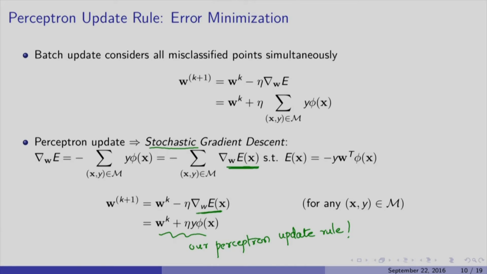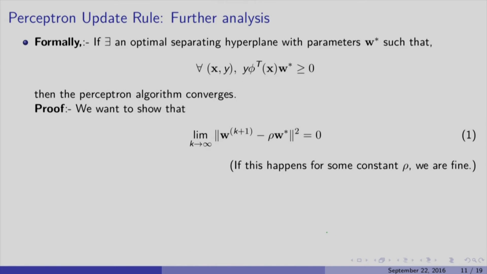So this gives the error minimization perspective for the perceptron update. Is the perceptron update rule guaranteed to converge? So we will prove the following. If there exists an optimal separating hyperplane with parameters w star such that for all points the unsigned distance is indeed non-negative, then the perceptron algorithm converges.